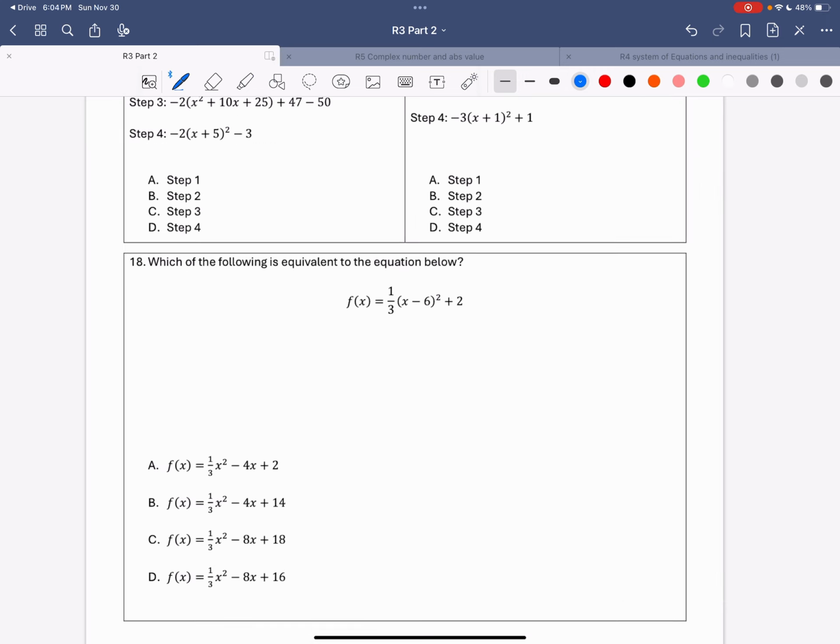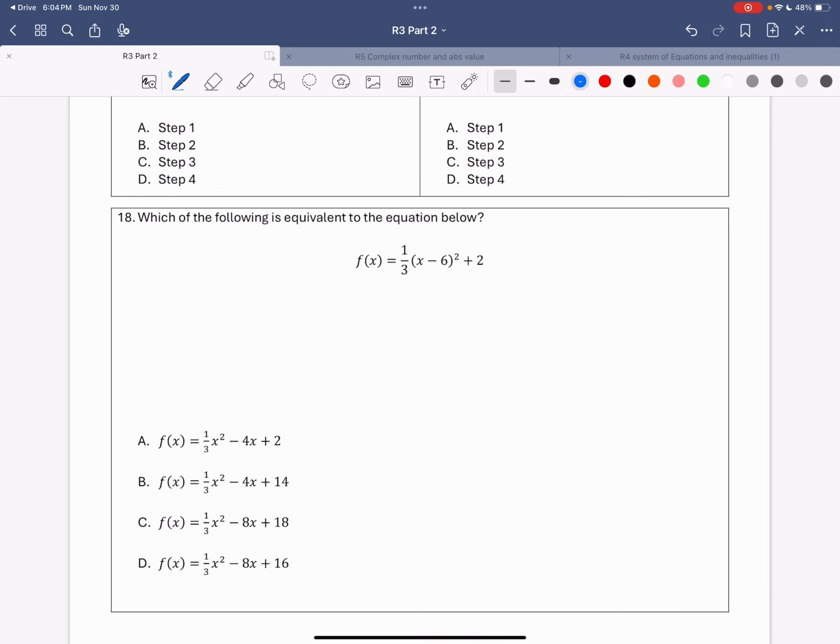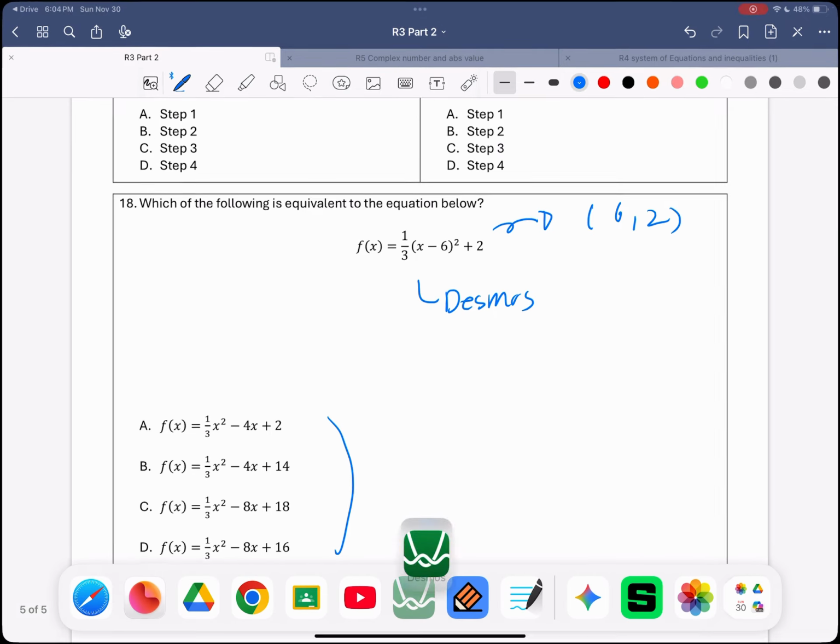Now, number 18. Which of the following is equivalent to the equation below? So it's the opposite. What you do is you put this one into decimals and see which one matches. You can do that, or you can also find the vertex, which is 6, 2, and see which one has 6, 2 as a vertex as well.